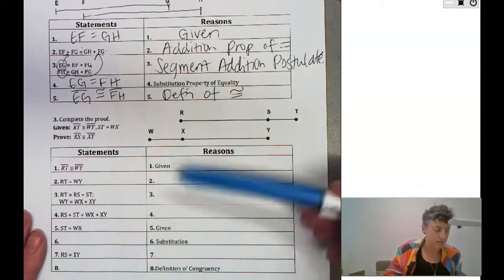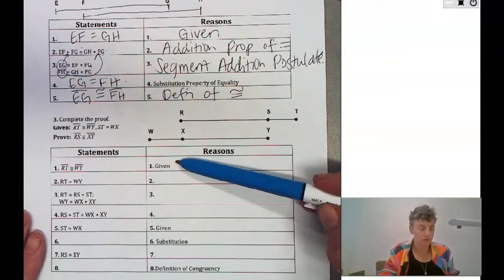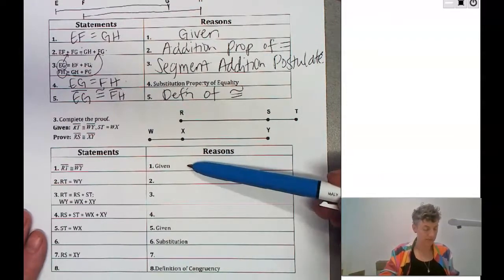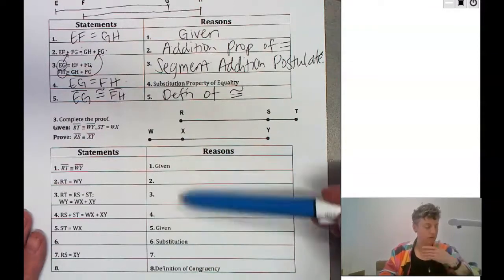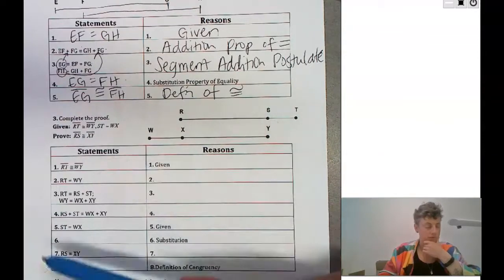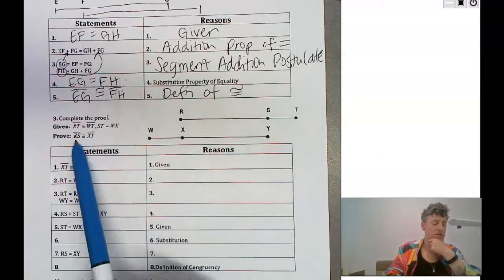Sometimes you don't write all your givens at the beginning if you're not going to use them all as part of your proof. It would not be wrong to write them all at the beginning, but you can split them up. So let's work through this partially completed proof to try to show that segment RS is congruent to segment XY.